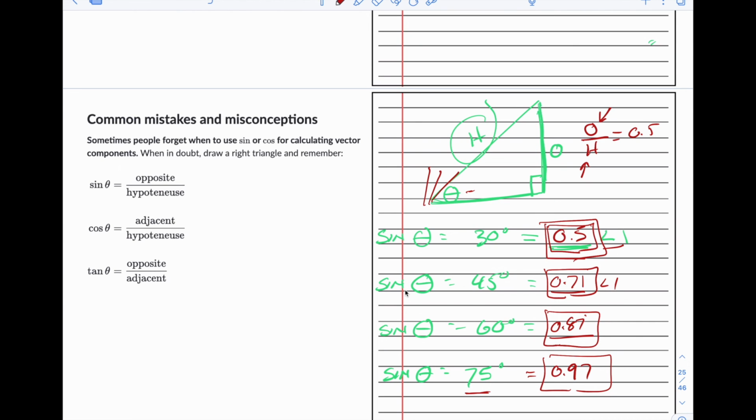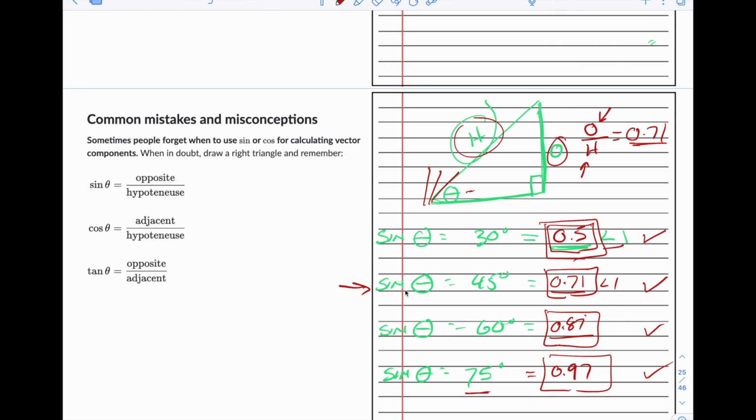If the angle was 45 degrees, that would mean your answer for dividing the opposite value over the hypotenuse value would be 0.71. So when you take these two values and divide them, this is the number you're going to get, and so on. It's true for here, here, here, and here.